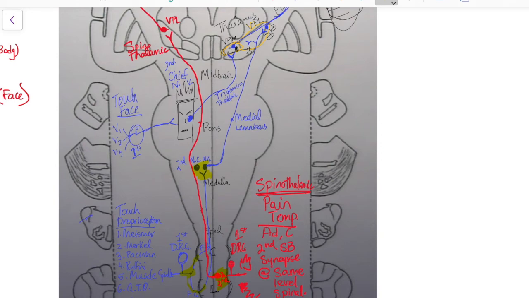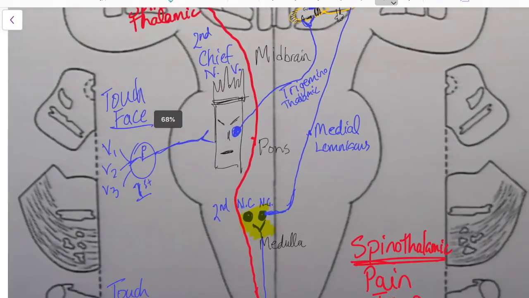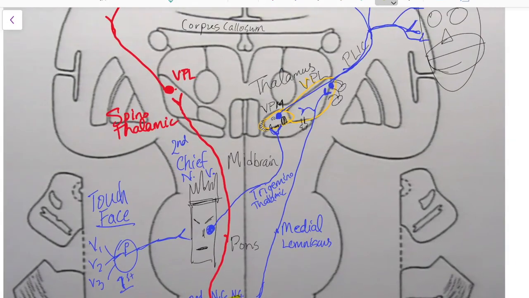And then if we talk about the pain in the face, we'll just go back here to our trigeminal. So let's say we feel some type of pain or fire to the V3. It will still synapse in the trigeminal ganglion, but now it will not go to the chief sensory. It has its own nucleus.